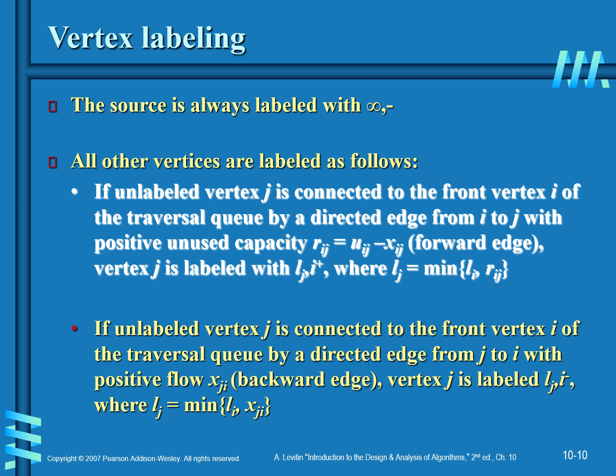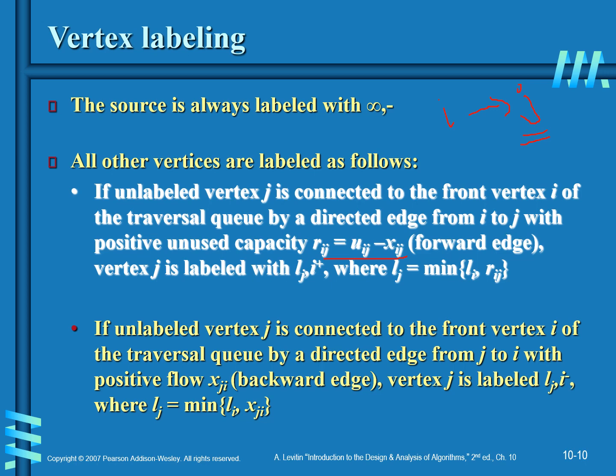The remaining vertices have to be labeled as follows. First you label the forward edge, next you label the backward edge. If any unlabeled vertex j is connected to the front vertex i of the traversal queue by a directed edge from i to j, that is a forward edge, you label this vertex using the positive unused capacity Rij equal to Uij minus Xij, that is, capacity minus current flow.